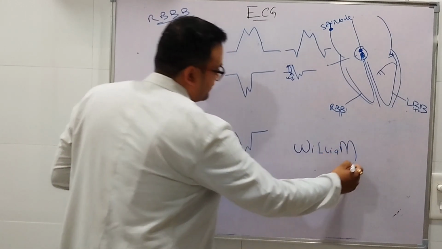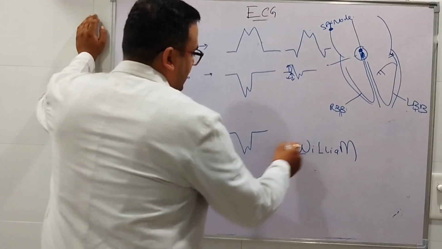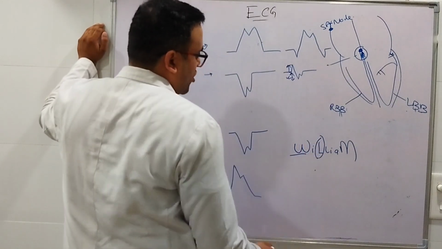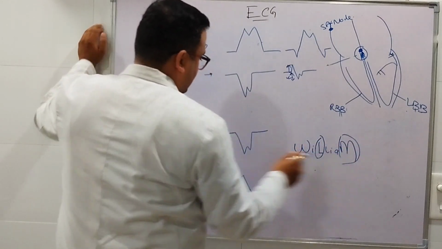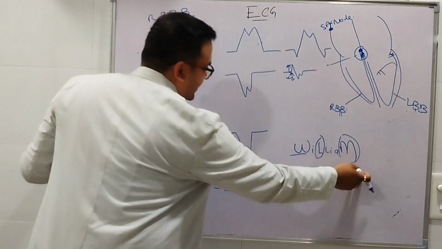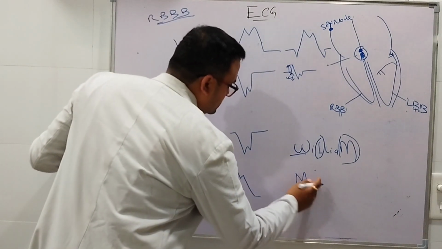This is the mnemonic for this: William Marrow. W will come first, in V1 in left bundle branch block, the W pattern will come first and the M pattern will come later.